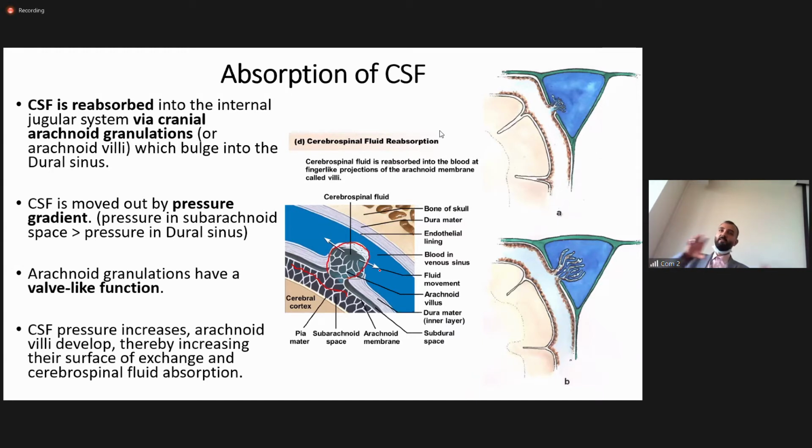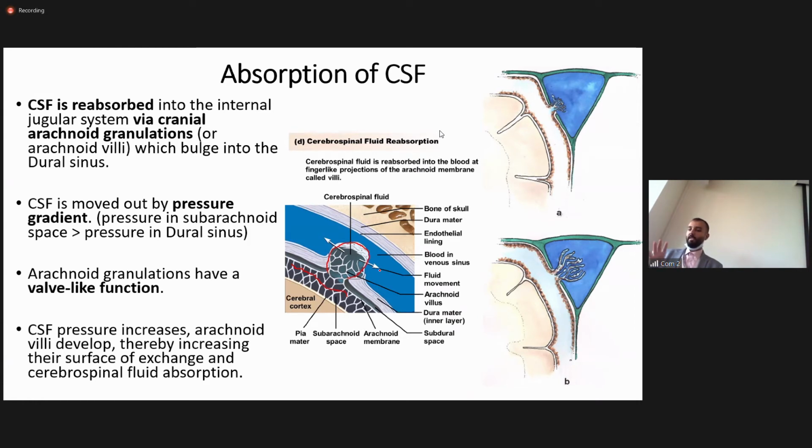And so CSF will move from the subarachnoid space into the sinus because of the pressure difference. There is higher pressure in the subarachnoid space than the sinus, which will drive the CSF to exit into the sinus, okay?